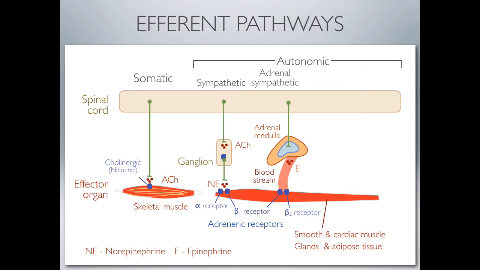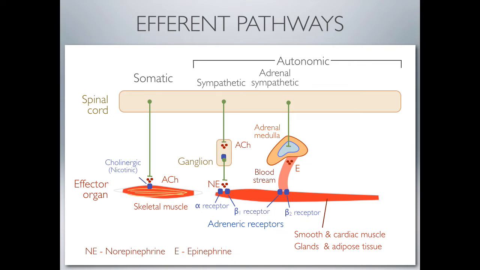We'll see that when we talk about the autorhythmic cells in the pacemaker of the heart, which respond to norepinephrine released by neurons that terminate at the heart. Whereas if you want the whole body to initiate some response, that is orchestrated by the release of epinephrine by the adrenal medulla.